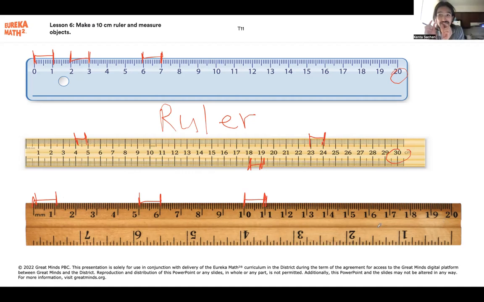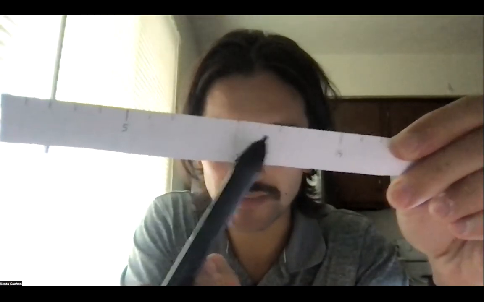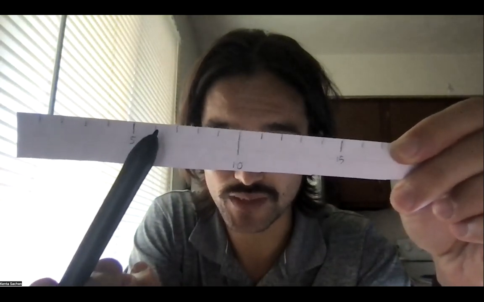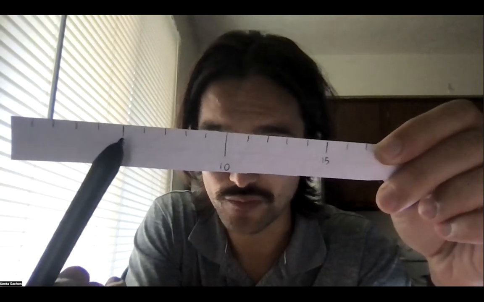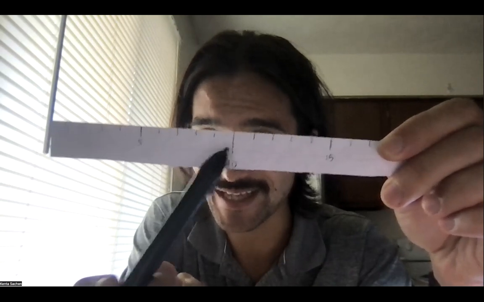And if you look at your own ruler, you'll notice that it's the same space in between each of these, right? Between 0 and 1, or between 5 and 6, or from 9 and 10.